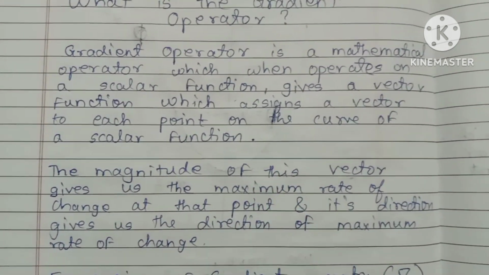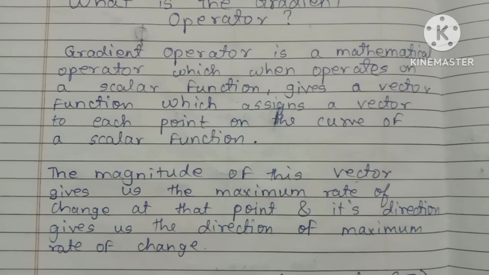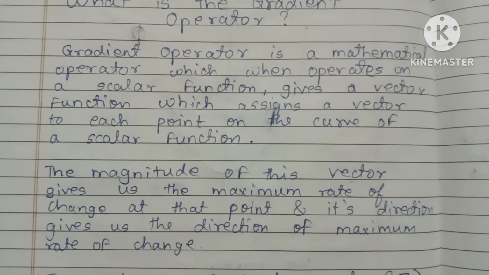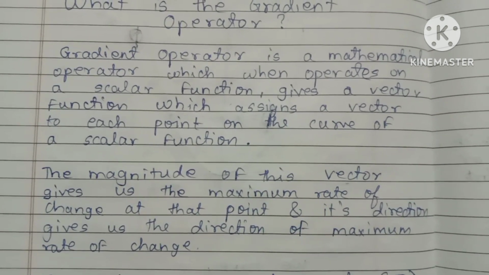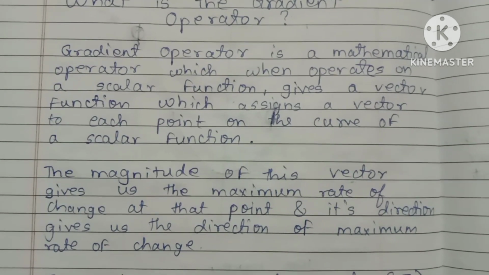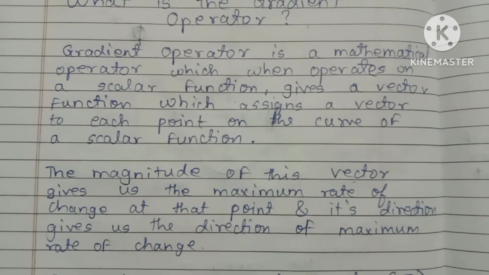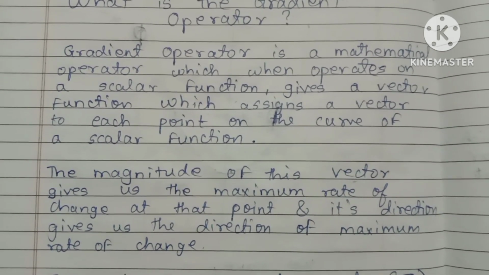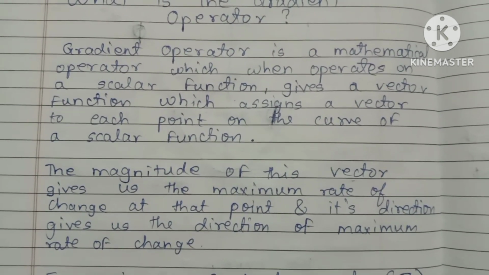So why maximum rate of change? Because for functions of two variables, three variables, the rate of change can be different in different directions at a point. For a simple function like y is equal to x square, we have the total derivative. But for multivariable functions like f of x y is equal to x square plus y square, we do not have the total derivative at a point.